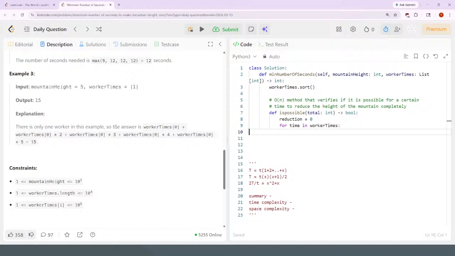Given the current worker time and the total time, how to tell how many times I can reduce? x squared plus x equals 2t divided by t, 2 times total time divided by worker time.